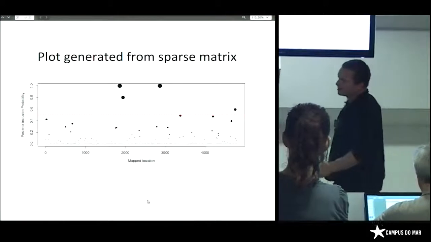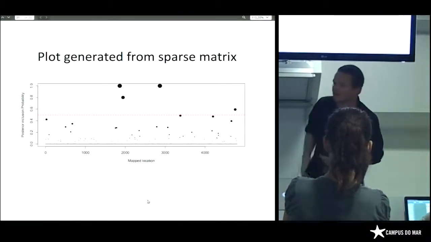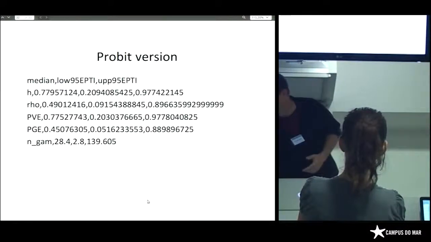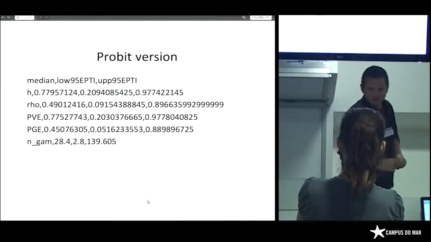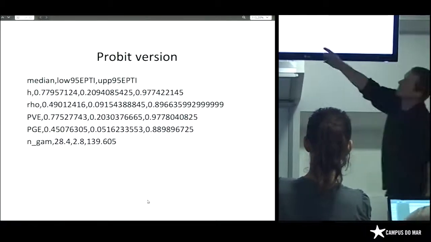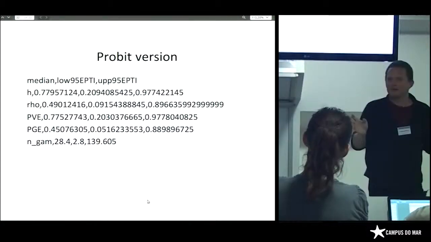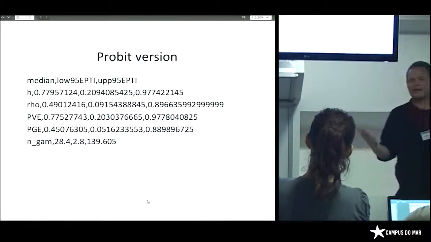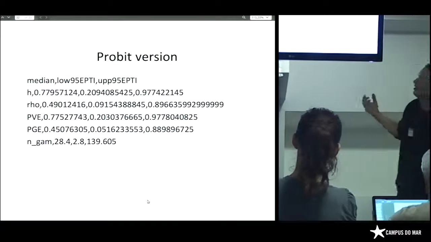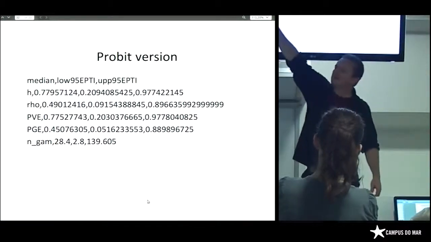If we ran a much more appropriate model, which would be in this case the probit model because it's binary data, we'd get very different results. So now it's saying that actually it's only 3/4 of the SNPs that have no effect, and that 25% of the SNPs do have some kind of an effect. But now we can only explain 45% of that 75%.